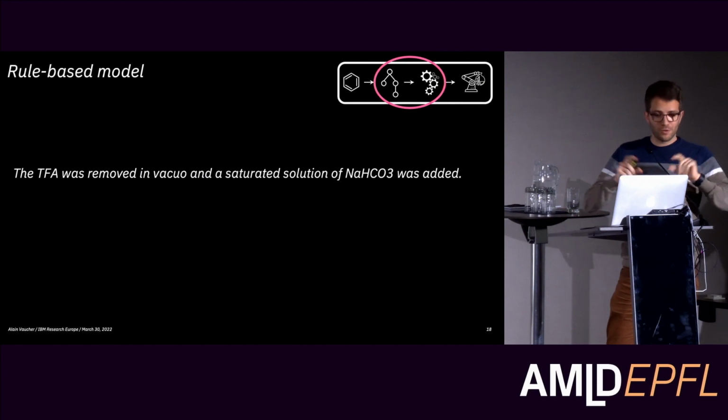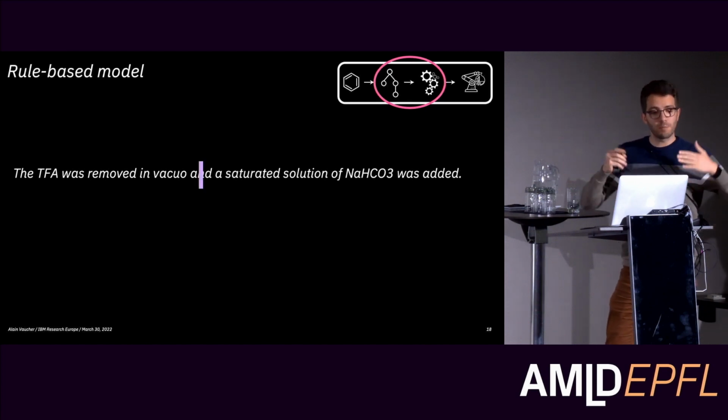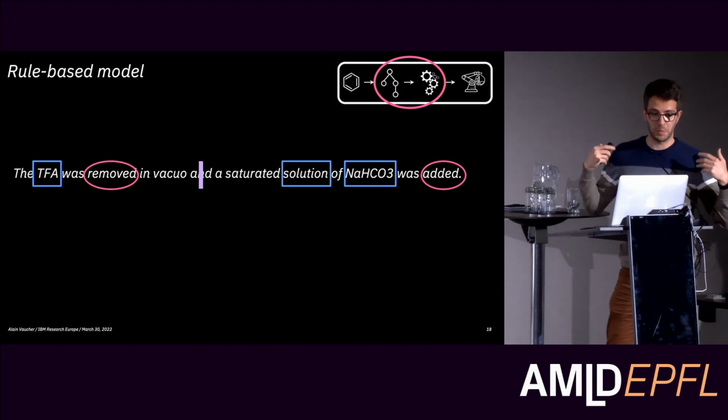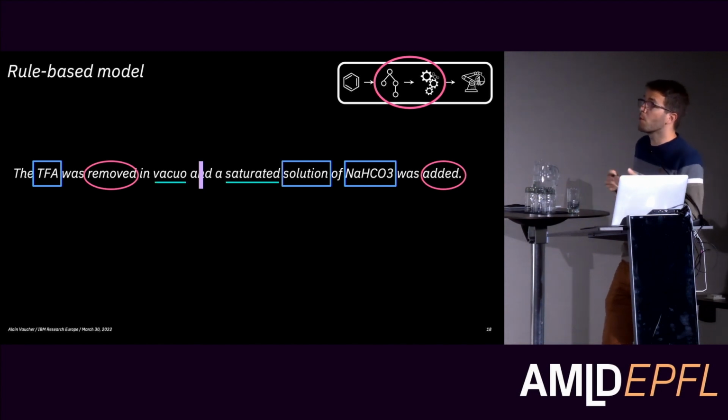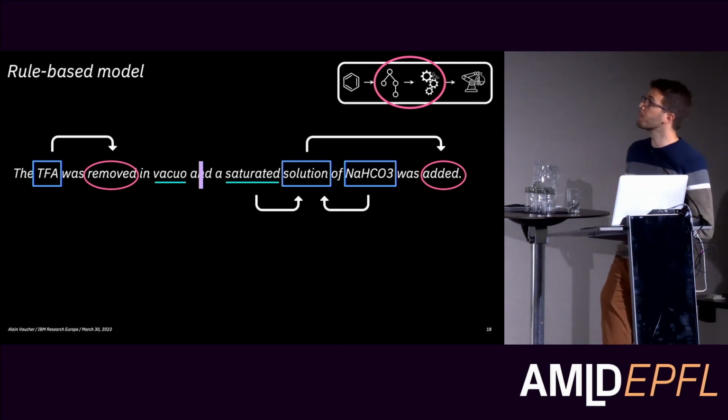And I will now go very shortly into those two models. So first, the rule-based model, which basically follows a series of steps. If we have a sentence, it will first split it into different parts, look for the verbs, for the compounds, for other properties, and then also determine all the relationships between all of them.